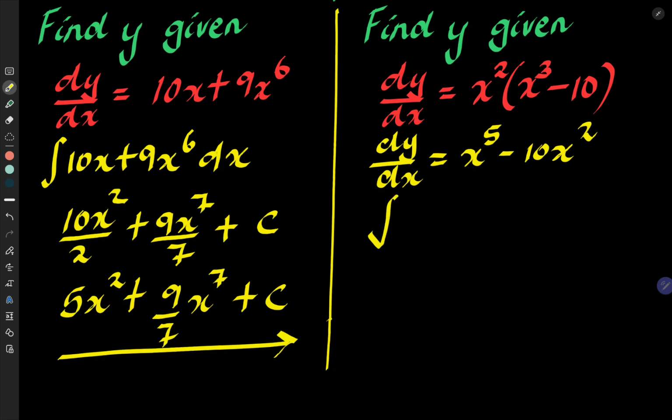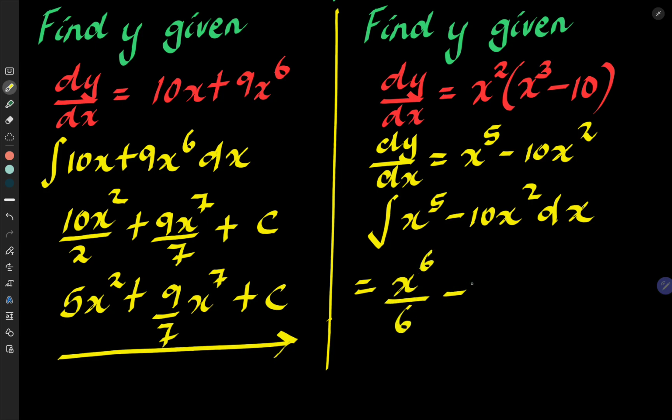So the integral of x to the power 5 minus 10x squared dx will give us a y function. So this will be equal to x to the power 6 divided by 6 minus 10x to the power 3 divided by 3 plus a constant c.